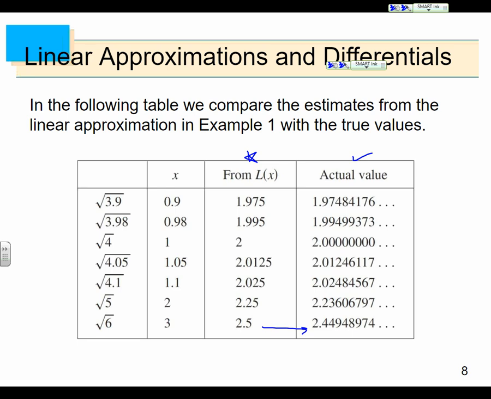I actually got exactly 2.5 right there, and it was supposed to be 2.449. I'd actually round down to 2.4. As I get further and further away from x equals 1, my approximation gets worse and worse. At x equals 1, I hit it right on.